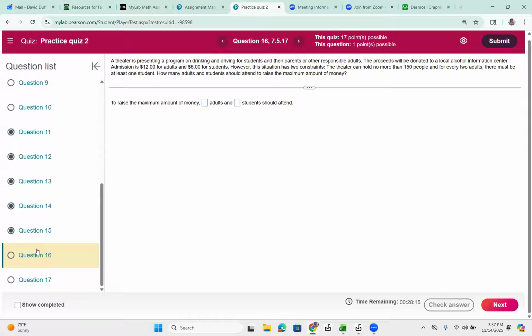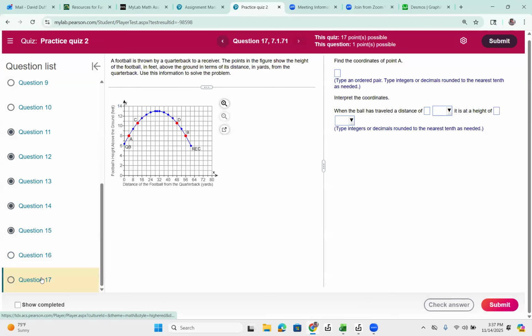I'm looking for something. Give me a second. I wrote it down in my notes. All right, so I'm going to show you my notes. Okay, that problem's actually pretty easy.